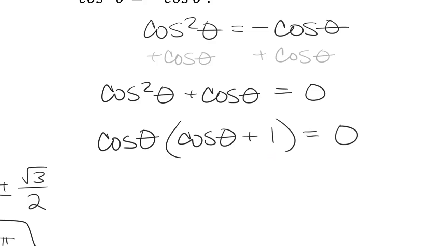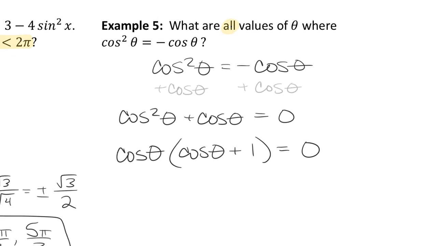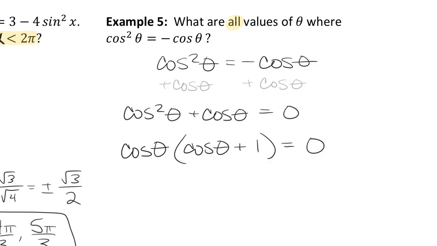And when we studied quadratics, and the reason we spend time on quadratics really is to get to pre-cal, we want to take both of these factors, the cosine of theta and the cosine of theta plus 1, and set them both equal to 0. Because now I can solve the two tiny equations I have left that separated, like factoring, separated into two little equations.